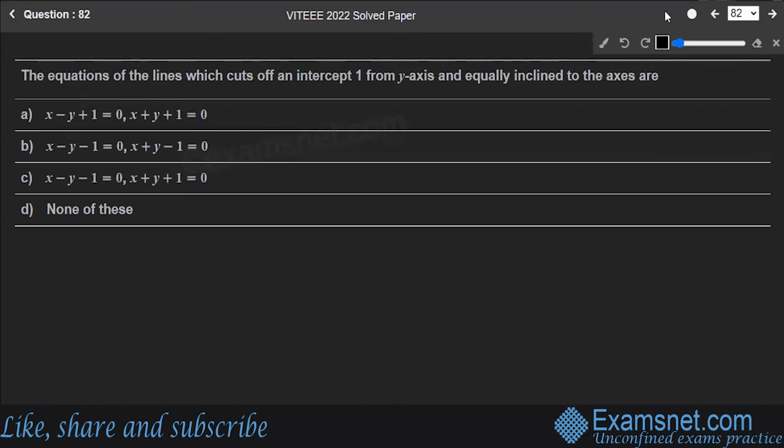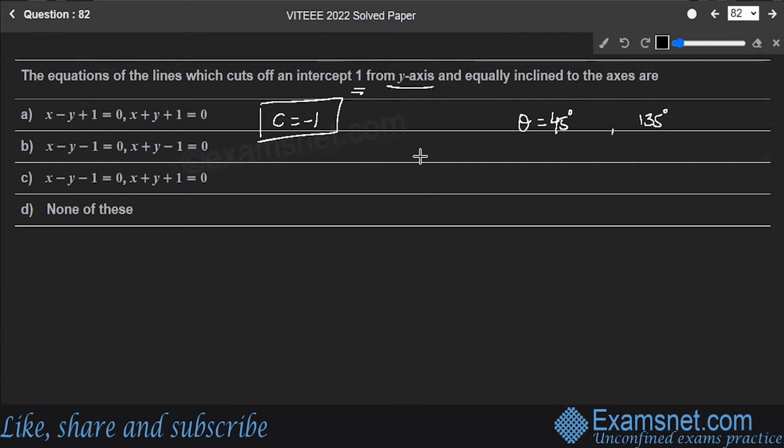Question number 82: the equations of the line which cuts off an intercept of 1 from the y-axis and is equally inclined to the axes are. If it is cutting off an intercept of 1 from the y-axis, you have the y-intercept as minus 1, c is equal to minus 1. Also, it's equally inclined to the axes, so theta may be equal to 45 or 135.